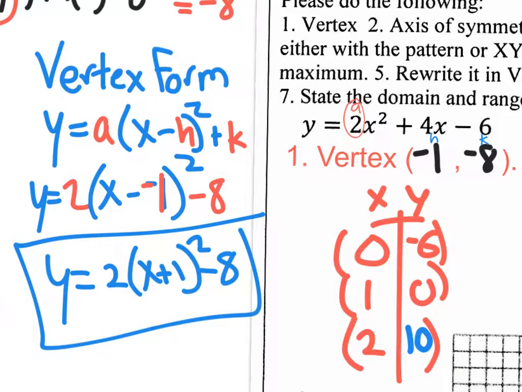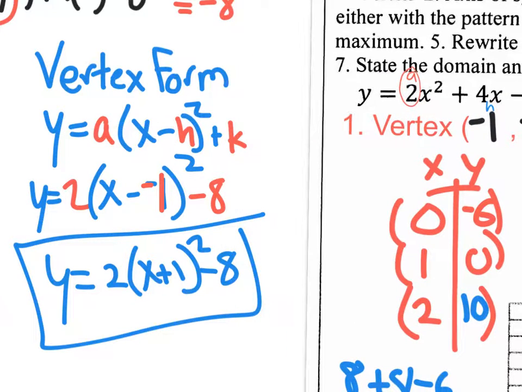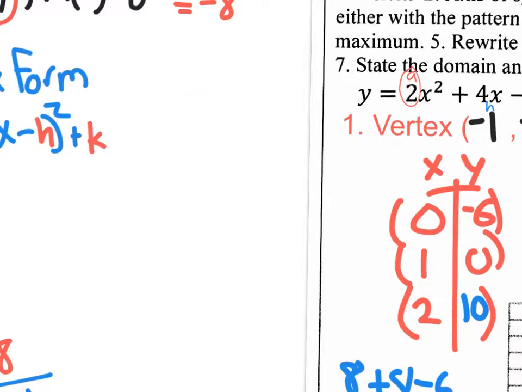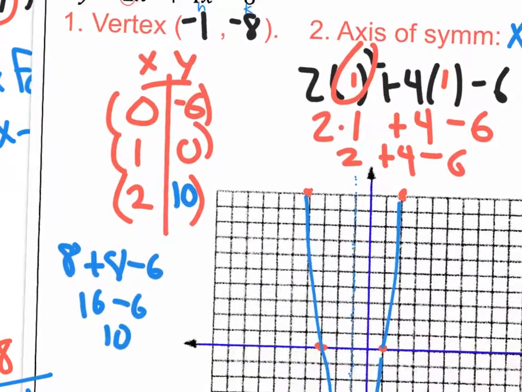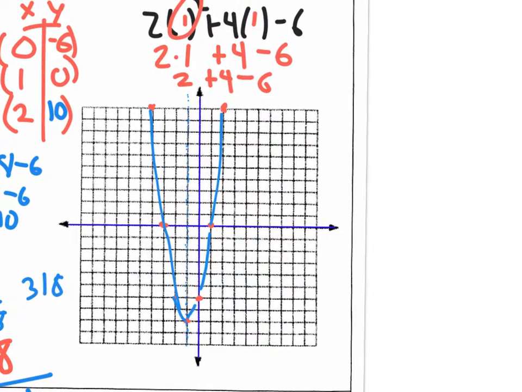Question? And for the final question here, let me get rid of this guy. For the final question, we're going to talk about the domain and range. A lot of people get confused with domain and range. It's this easy.